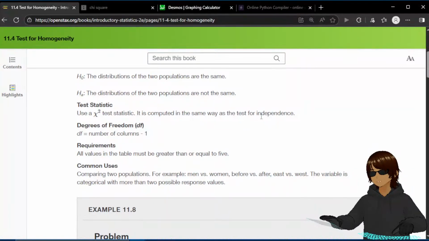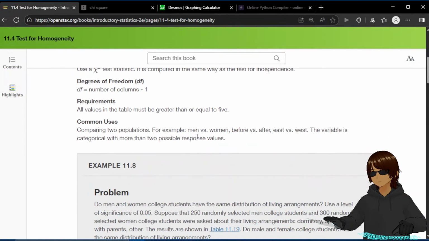It is computed the same way as the test of independence. All values in the table must be greater than or equal to 5.